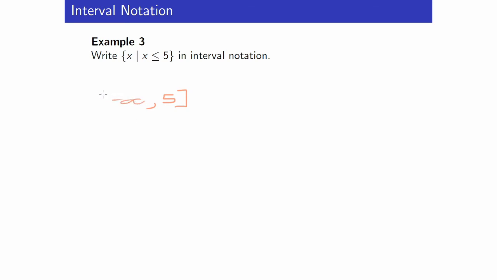So this is one of those cases that you need to know: what is infinity? Whenever you have infinity, you always use the open bracket, because you can never actually include infinity. So we always use the open interval for infinity.